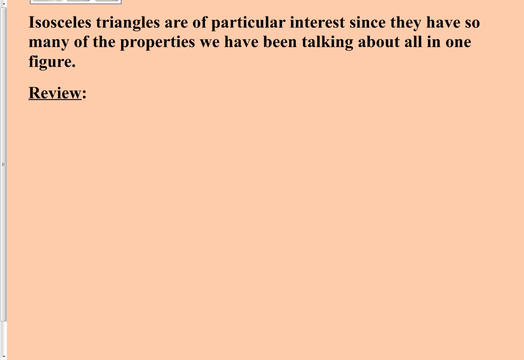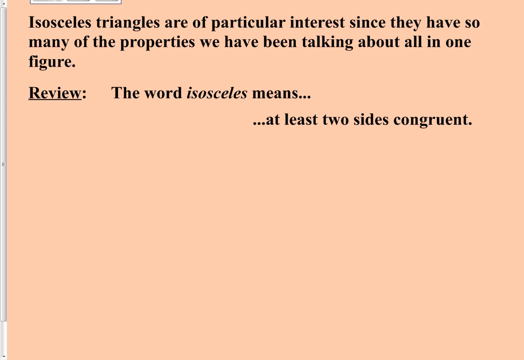Okay. Now, a little bit of basic review. Hopefully you remember this because it hasn't been too long into the past. The word isosceles is a term that we have defined before, and the word isosceles means it is a figure that has at least two sides congruent. Now, of course, it is possible to have more than two sides congruent, but we're looking at least two sides congruent.